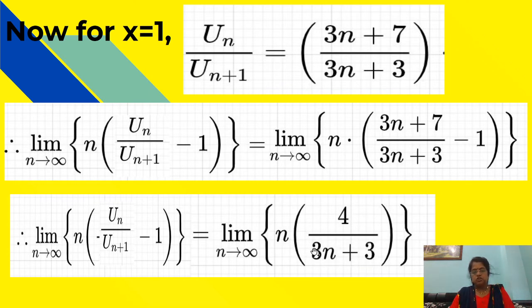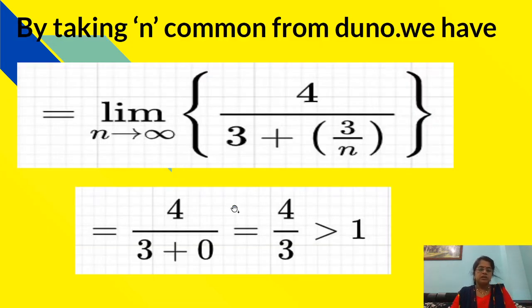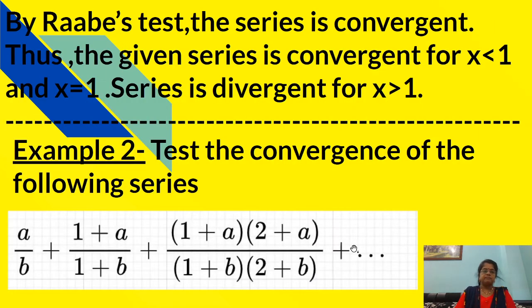Now from the denominator we will take n common, and that n will cancel with this n, and therefore we will have limit n tends to infinity 4 upon 3 plus 3 upon n. Now when n tends to infinity, this 3 upon n will be 0, and therefore we will get 4 upon 3 plus 0, which is equal to 4 by 3, and which is greater than 1.